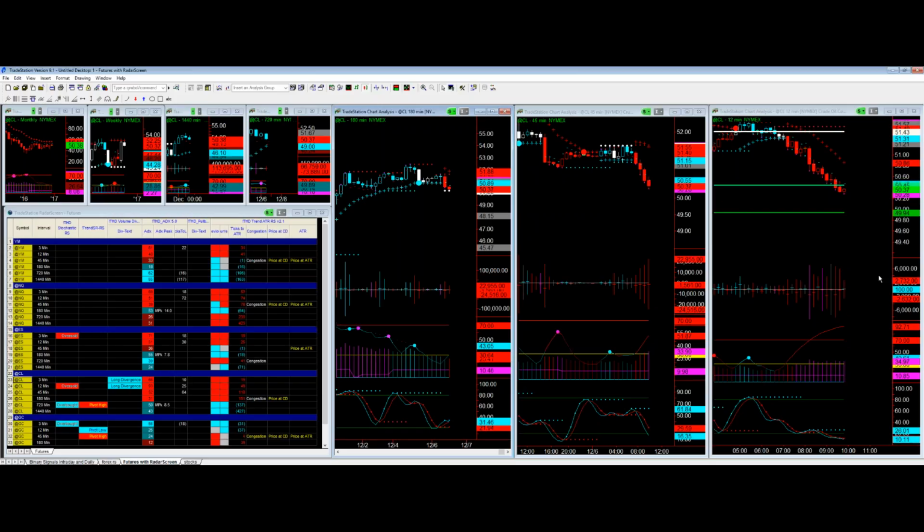Because we're keeping the loss on the crude at 22, very easy to overcome that one. You just have to wait for the setup to come in.